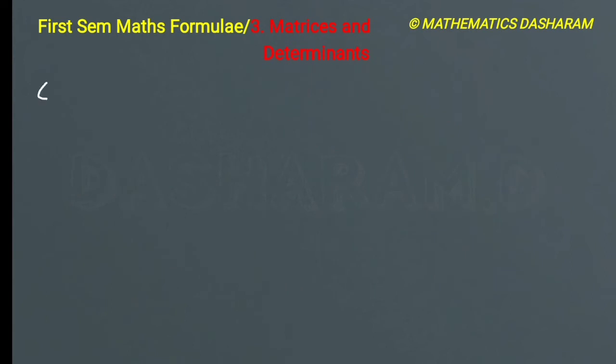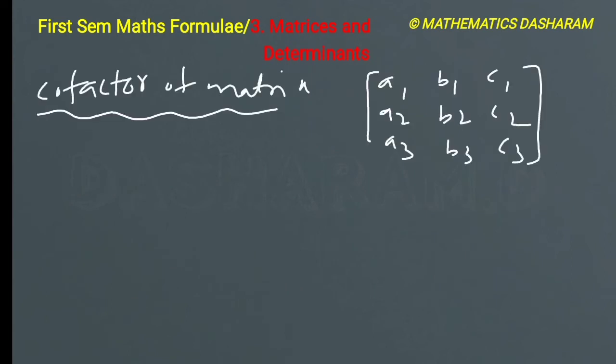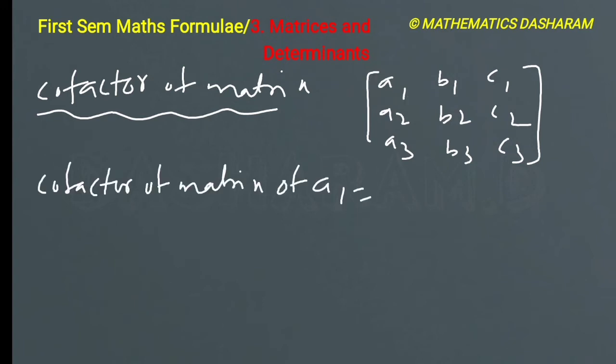Next, cofactor matrix. For example, we want to find out the cofactor of element A1. First, its minor: let us write B2 C2 B3 C3 is the minor of A1.